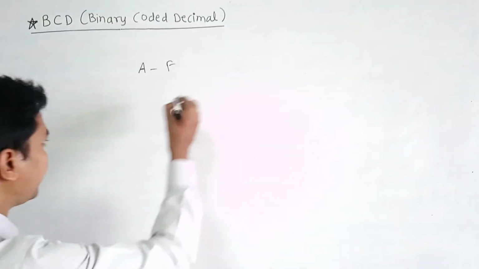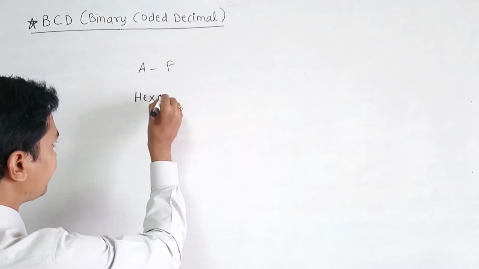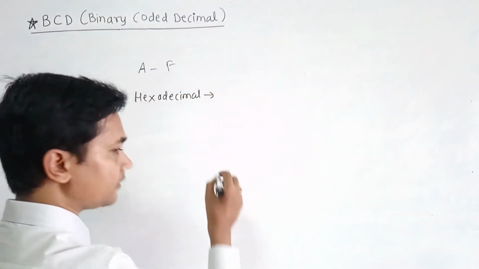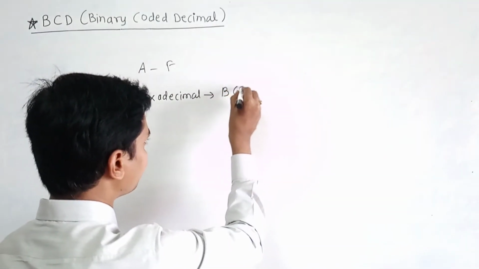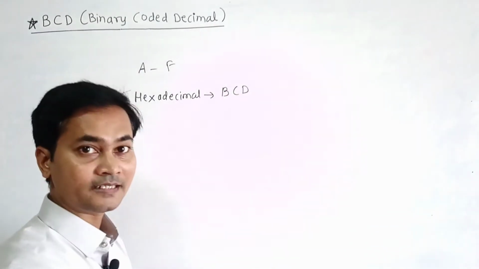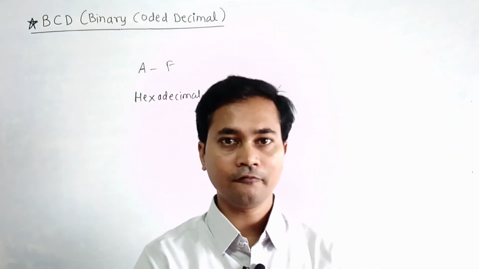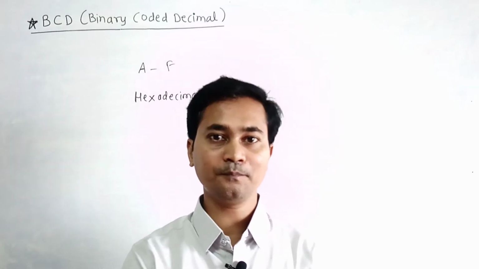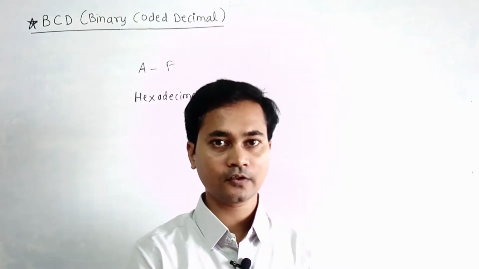From the hexadecimal number system, that particular number is first converted into BCD, and after that we are able to see that value in the decimal number system. So that is the use of BCD in an electronic system or any microprocessor system.